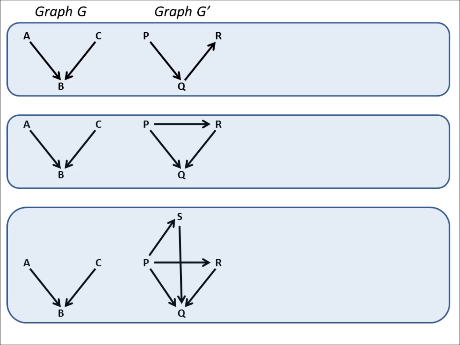Is there a mapping from G to G prime? Yes. If there is an edge not in G, then that edge should not be in G prime. Is there a mapping from G to G prime? No, because the edge from A to C is not there, therefore the edge from P to R should not be there.